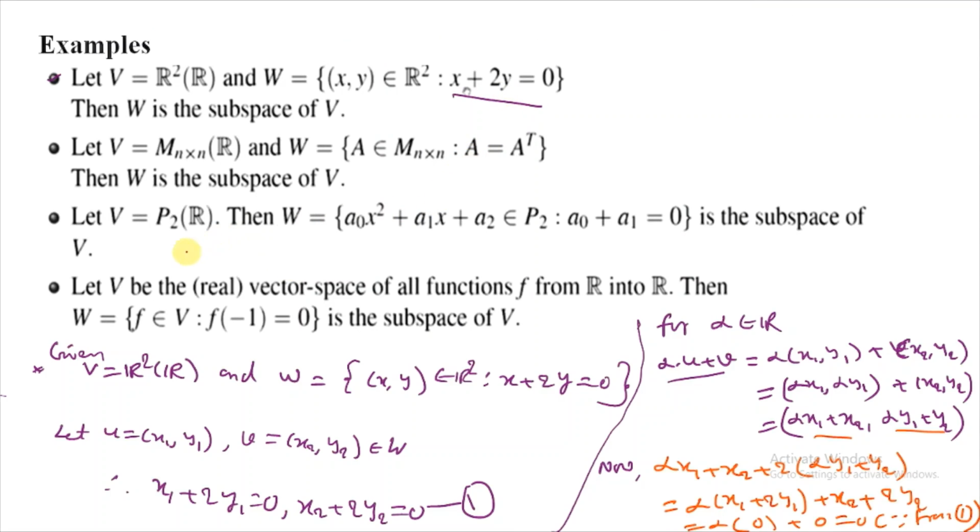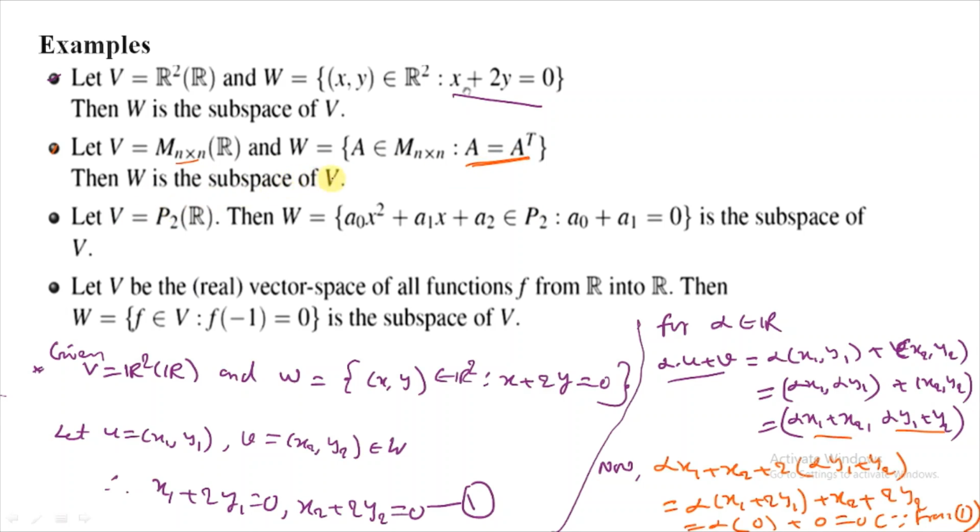Now we'll see another problem. Now see the second one, where V equals M n by n, the set of all square matrices, and W equals the set of A belonging to n by n such that A equals A transpose. That means the set of all symmetric matrices.